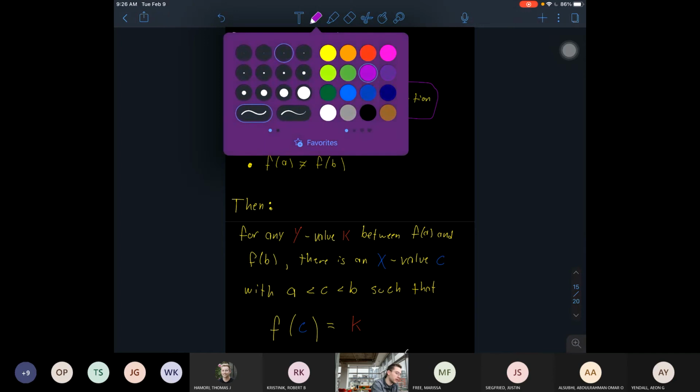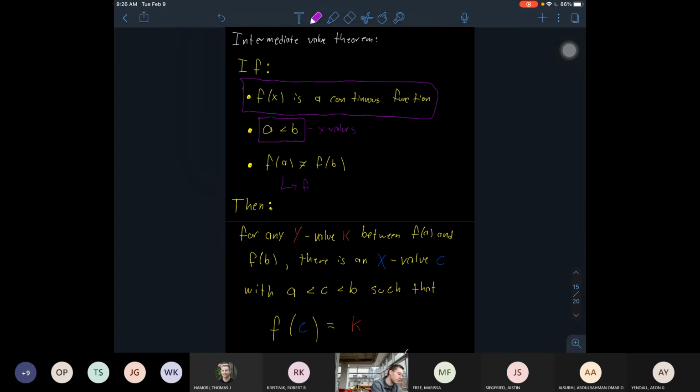And I have that the function height is different at x equals a and x equals b. So this is my setup. I have a continuous function, an x value a less than another x value b, and the height of the function is different at each of those 2 points.